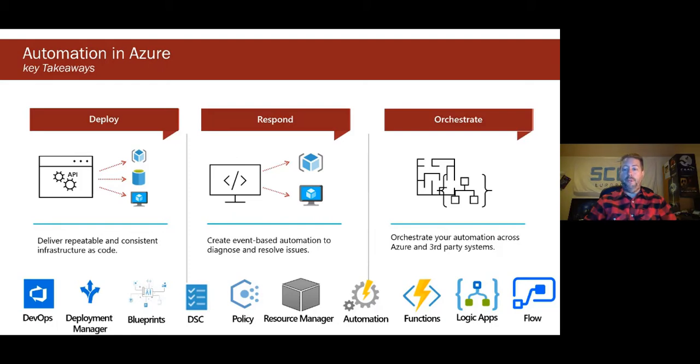So if there's a problem with, say, an Azure database you mentioned, we have a situation where a database is non-responsive. Well, we can have an alert which calls Azure Automation or a function or a logic app that will go do something about that. As an example, when we're doing monitoring, we watch for a SQL server that is having problems or being non-responsive.